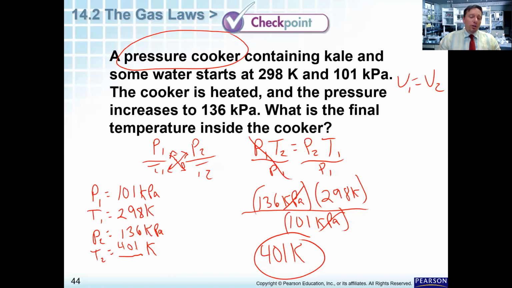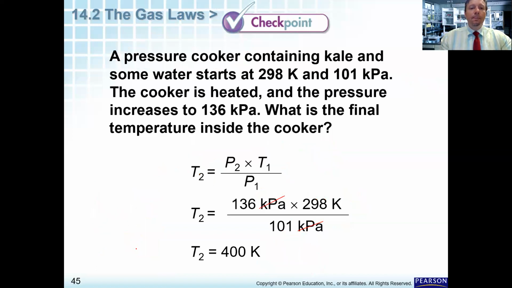In the next section, the ones we're going to be using a lot are atmospheres and kilopascals. But you don't always have to convert back and forth to make sure you're in atmospheres. It's not necessary. And that's exactly what they've done on this problem, and they got 400 as we did as well. They didn't round it. I rounded mine to 401.